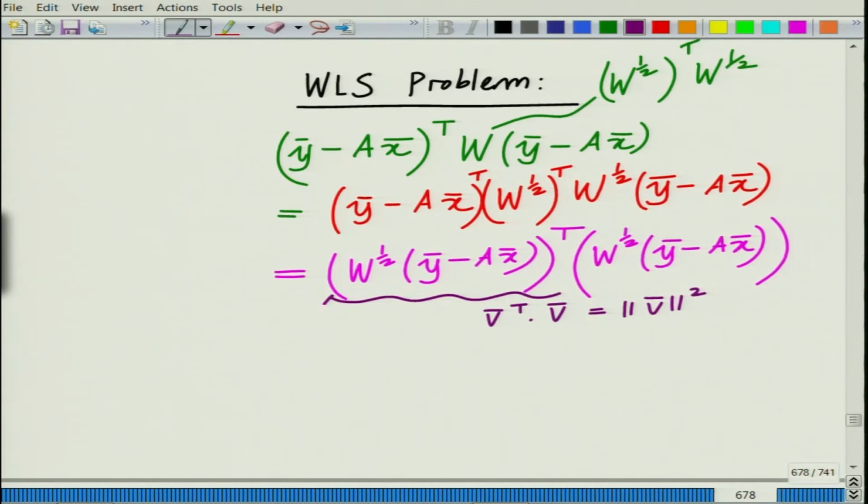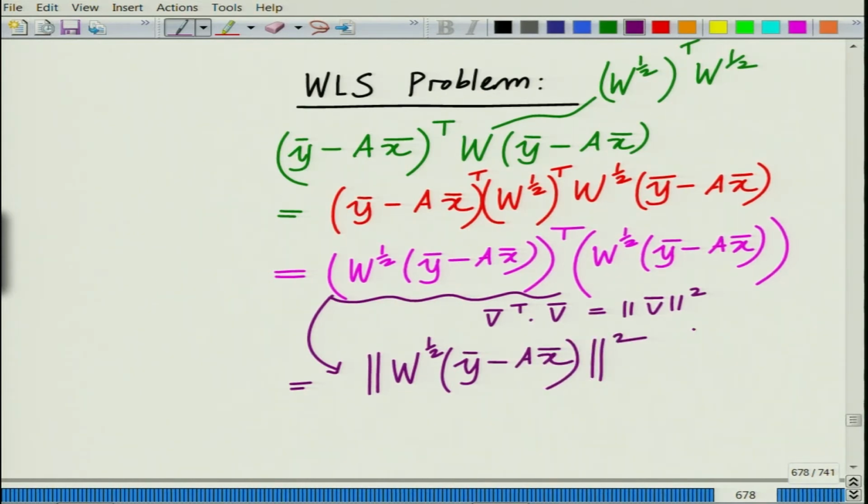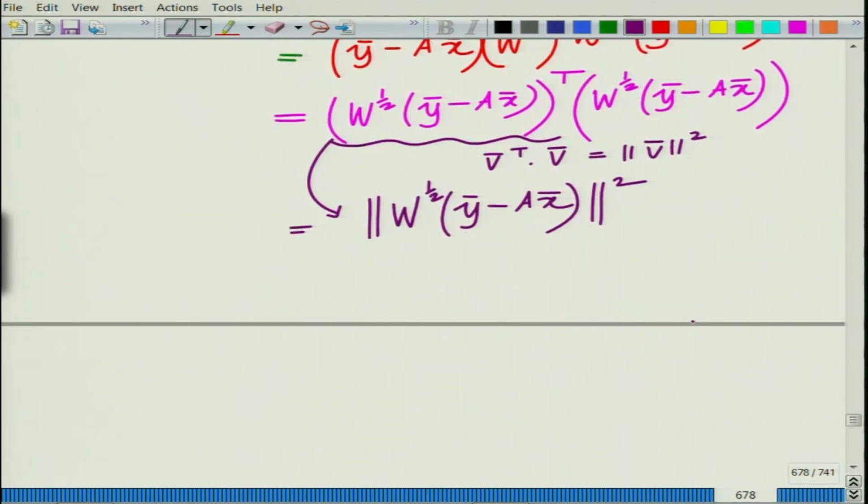So, I can write this as norm of the weighting matrix W half times y bar minus A x bar whole square. Now this is essentially your weighted least squares.